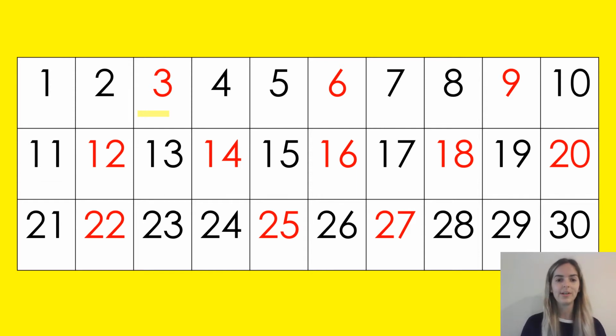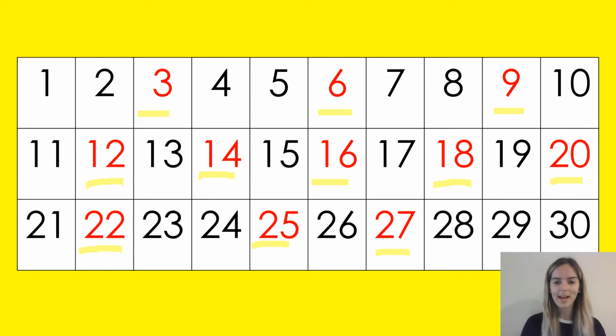So let's take a look. 3, we've got 4, 5, 6, 7, 8, 9, 10, 11, 12, 13, 14, 15, 16, 17, 18, 19, 20, 21, 22, 23, 24, 25, 26, 27, 28, 29, and 30.